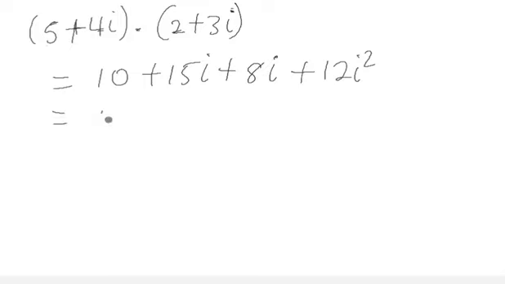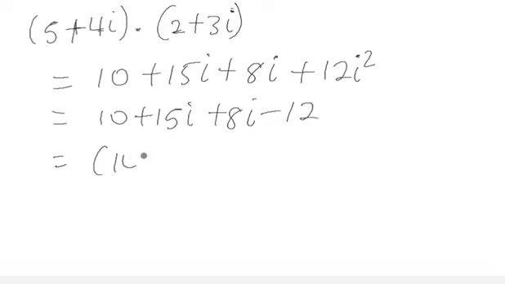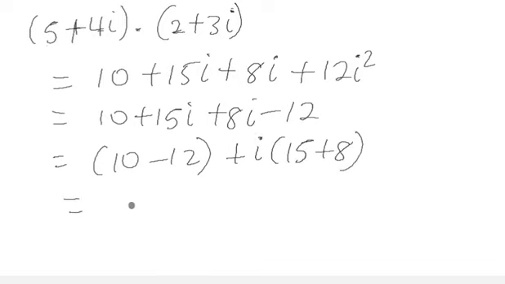So 10 plus 15i plus 8i, i squared gives us minus 1, so minus 1 times plus 12 gives us minus 12. So we pick the common terms together, 10 minus 12 plus i into bracket 15 plus 8. So this gives us minus 2 plus 23i.